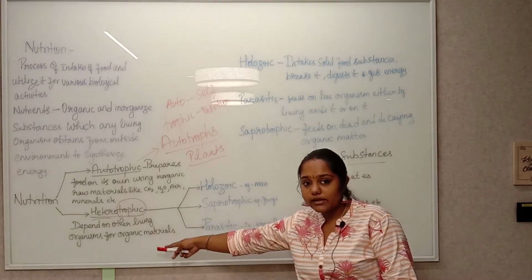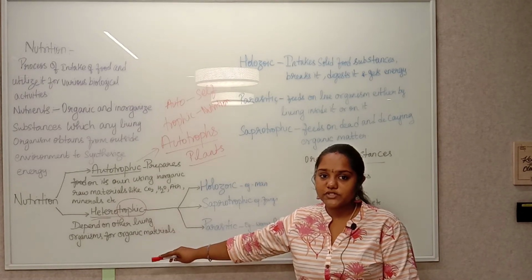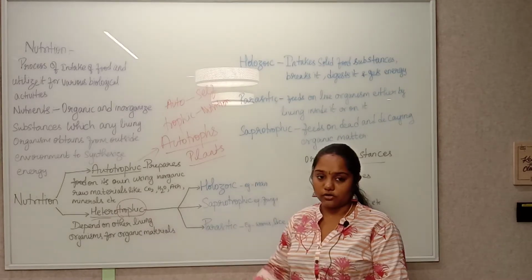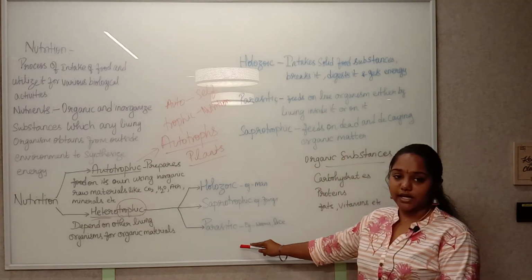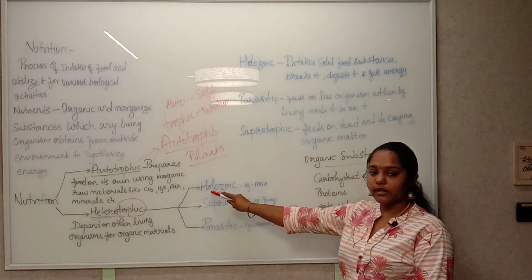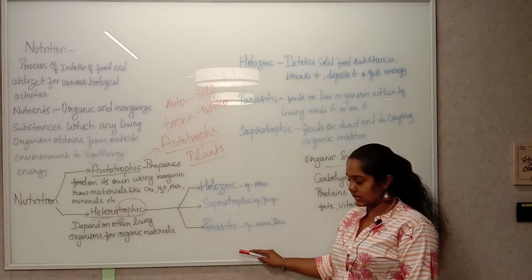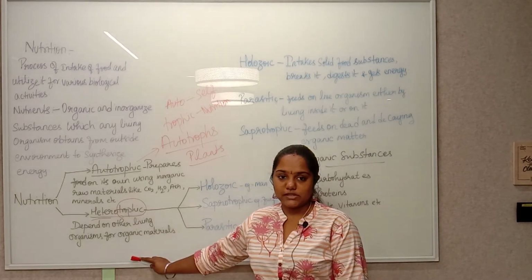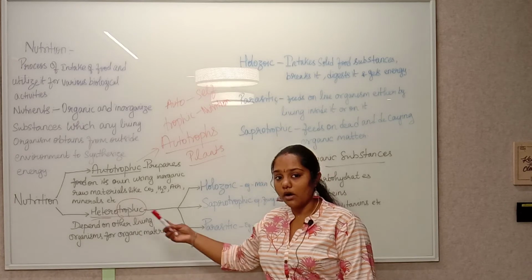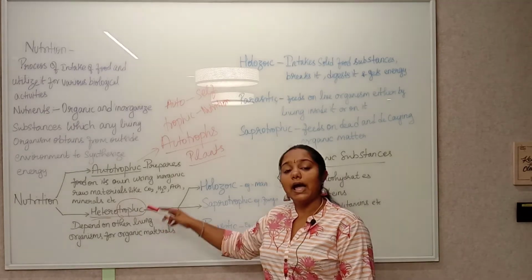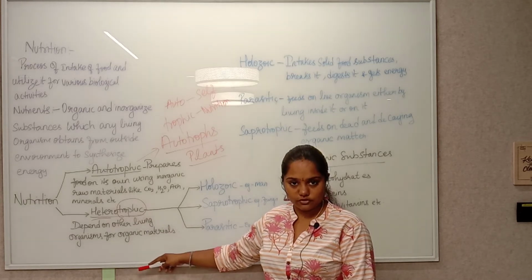Likewise, here also the animals which are called heterotrophs because they perform heterotrophic nutrition are classified into three other types: holozoic, saprotrophic and parasitic. That is, the group of animals which depend on other living organisms to obtain their food are called heterotrophs, which perform the heterotrophic mode of nutrition.